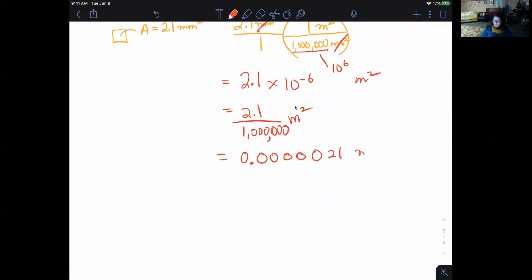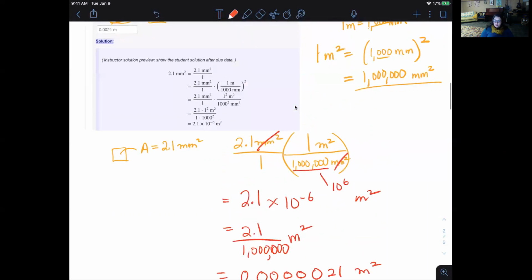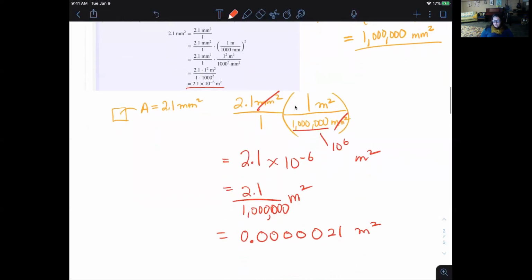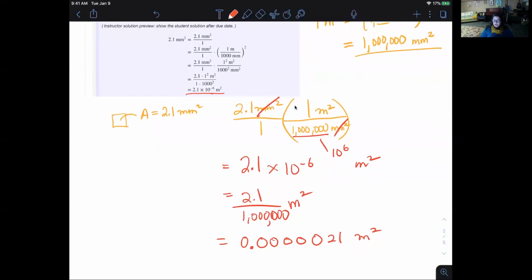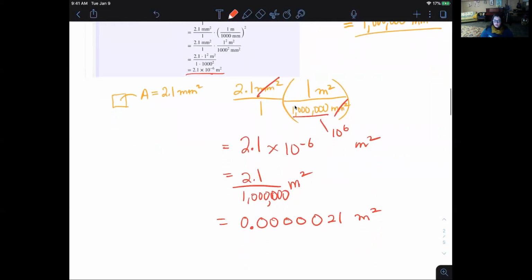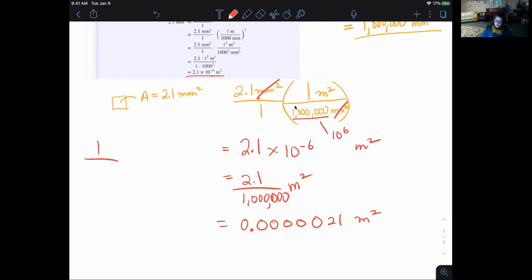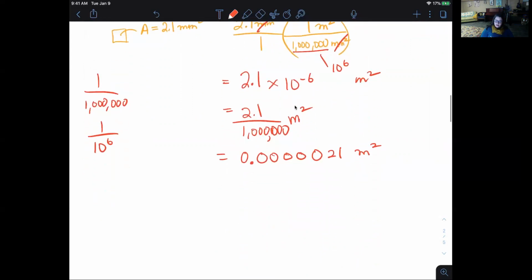They have the answer here in scientific notation. I'm not sure exactly if it would accept it either way, but that 10 to the negative 6 is the same thing as dividing by 1,000,000, because 1 over 1,000,000 is the same thing as 1 over 10 to the 6, and that's the same thing as 10 to the negative 6. So these are all equivalent here.